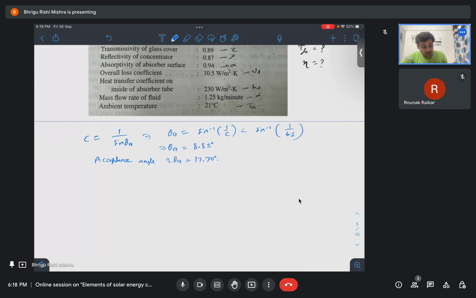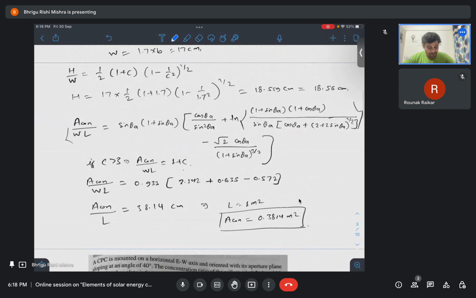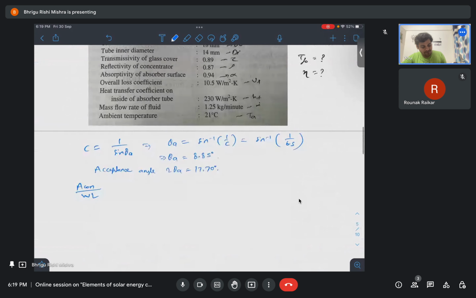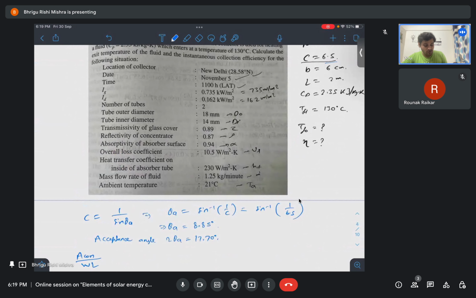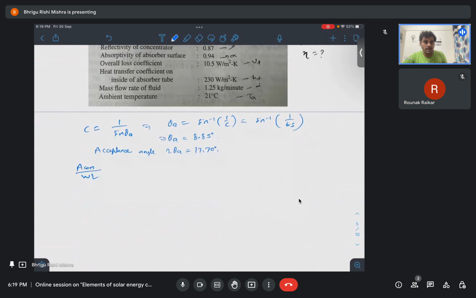Now we need to calculate A concentration by WL. Earlier we used that expression since C was less than 3, but we also mentioned that if C is greater than 3, this ratio can easily be calculated by the formula 1 plus C. Here C is 6.5, which is greater than 3, so we don't need that complicated formula.